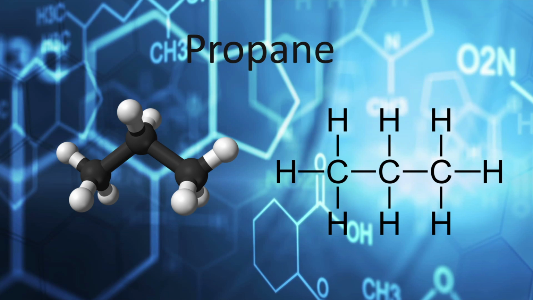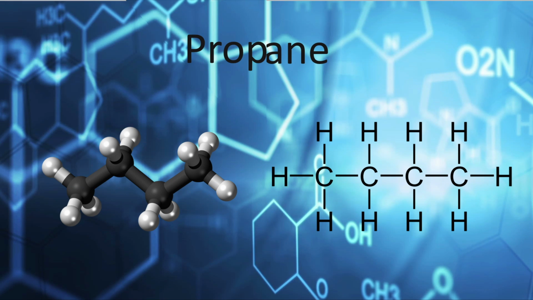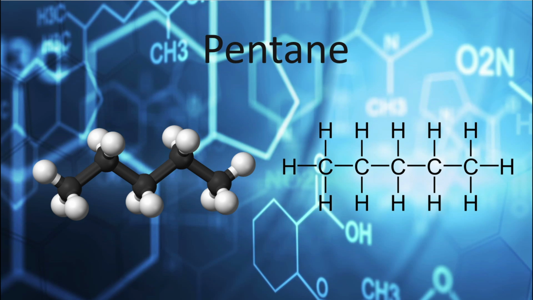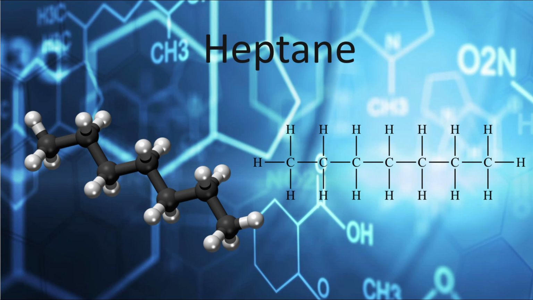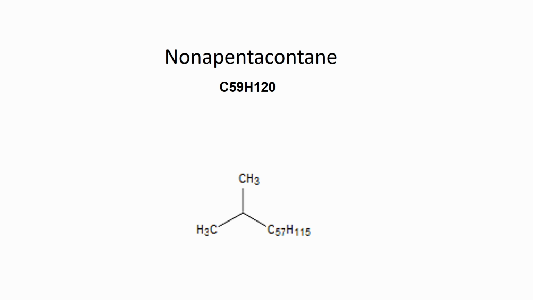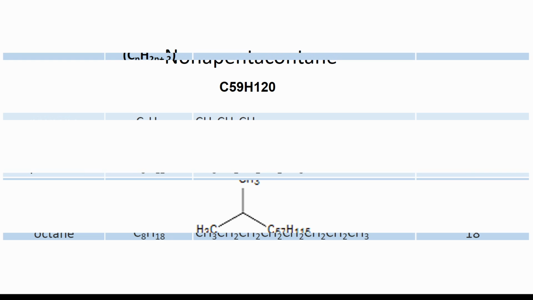After that we have propane with 3 carbon atoms and 8 hydrogen atoms. And then we have butane, pentane, hexane, heptane, and finally nonane. This is the longest hydrocarbon.